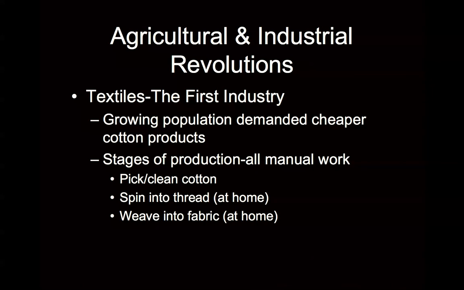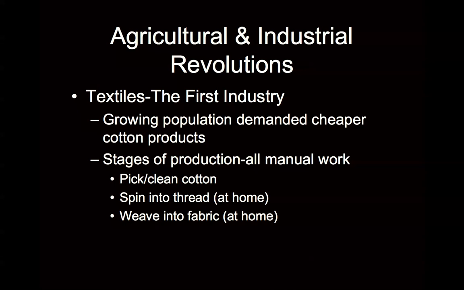Part of the reason why it was the first is because the growing population demanded cheaper cotton products. And by that I'm talking about undergarments, shirts, suits, work clothes, formal clothes. These things, people wanted them made out of cotton, which was better than wool. It kept you warmer in the winter, cooler in the summer, and you could wash it over and over again.